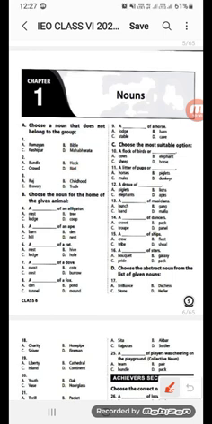Now number 3. In option A, it has been written Raj. It's a specific name given to a boy or a man. Next is childhood. It's an example of abstract noun because it's a state or period of being a child. Option C is bravery. Again, it's an example of abstract noun.